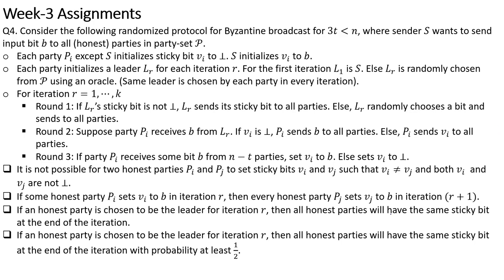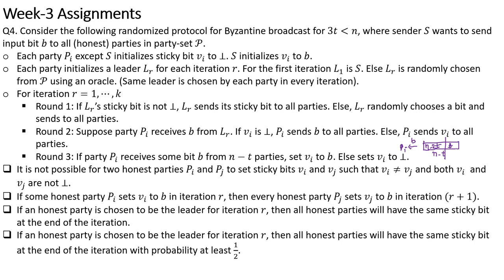According to our already known techniques, let's verify that Pi has received bit B from n minus t parties. Out of them, there can be t parties which are corrupt and n minus 2t parties which are honest.